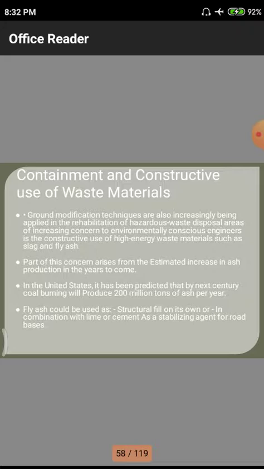Next one we are having is that part of this concern arises from the estimated increase in ash production in the years to come. That means in the future years we won't have to use this coal. Why? Because nowadays we are observing in a lot of countries they are directly using solar power for the generation of electricity, so that after 10 to 20 years there may be a complete shutdown of the thermal power plants.